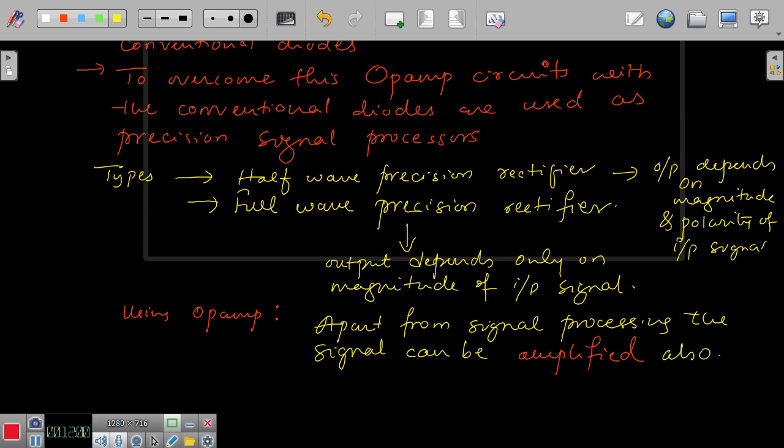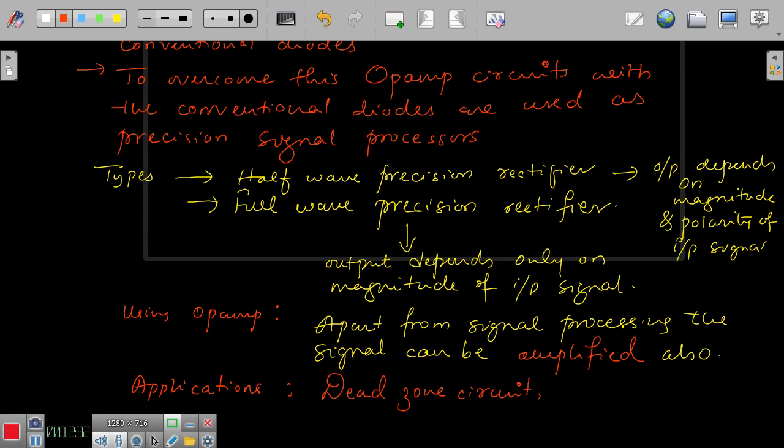So this is one of the very important advantages going with the operational amplifiers as well as your conventional diodes, right? So you have a lot of applications here. Let me briefly write down these applications. Later we will see what exactly these applications are. Something called a dead zone circuit, right?